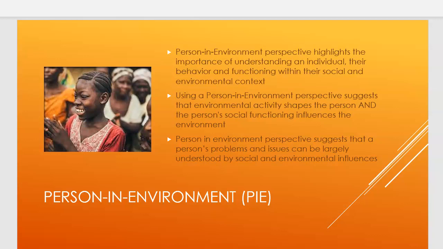It is not to say that a person does not have personal problems, personal issues, but it acknowledges that the environment and the social context also has a role to play in whatever it is that we experience as individuals, both in the positives, the opportunities that come our way, as well as the challenges that come our way.